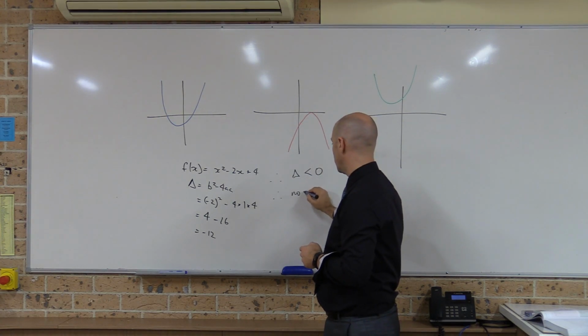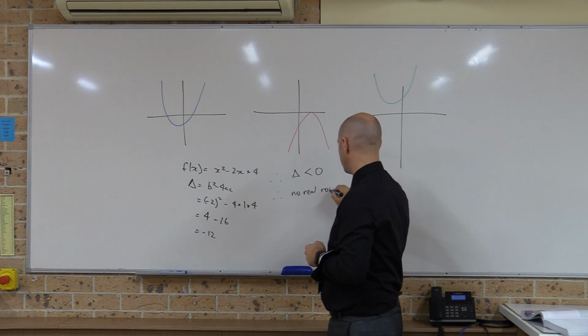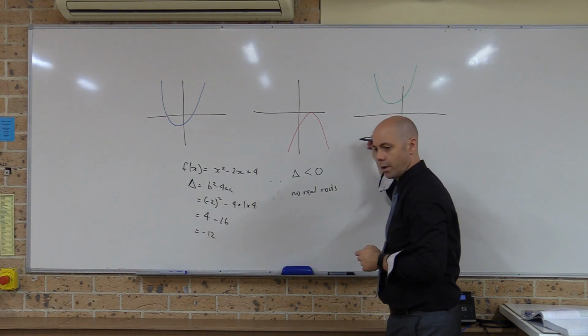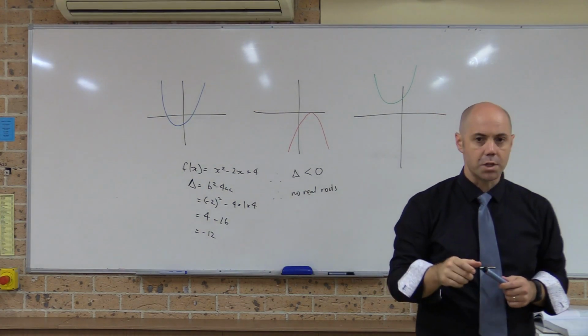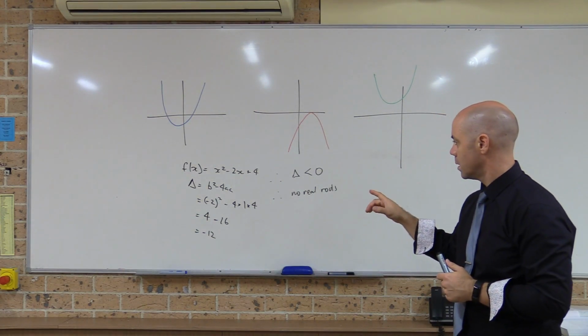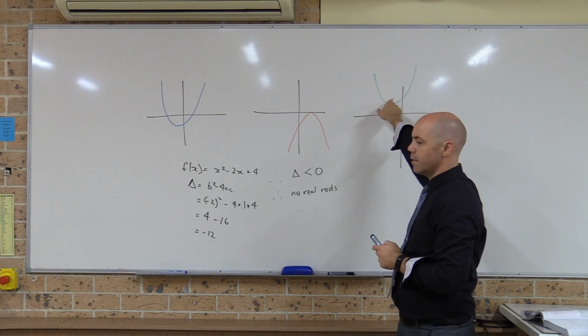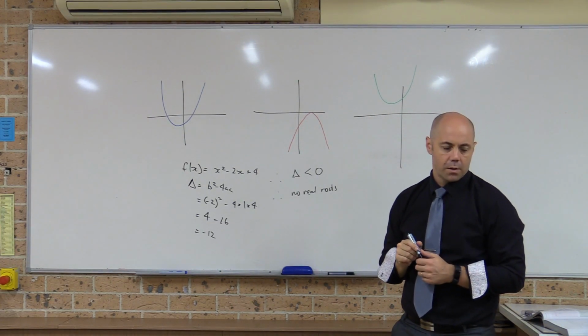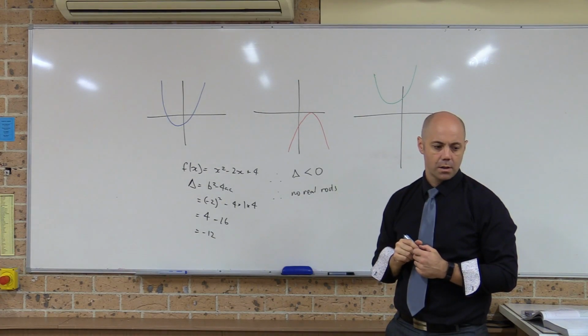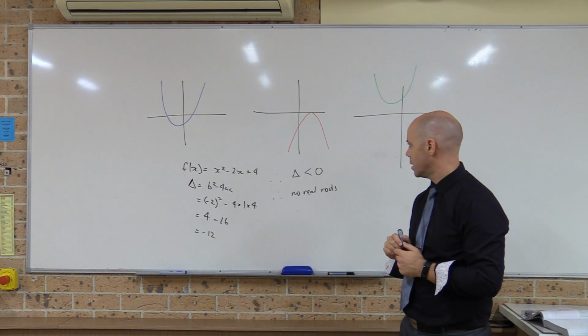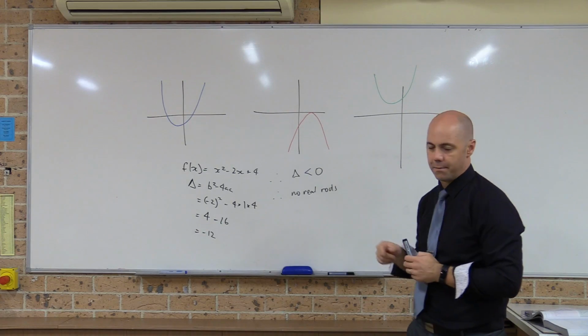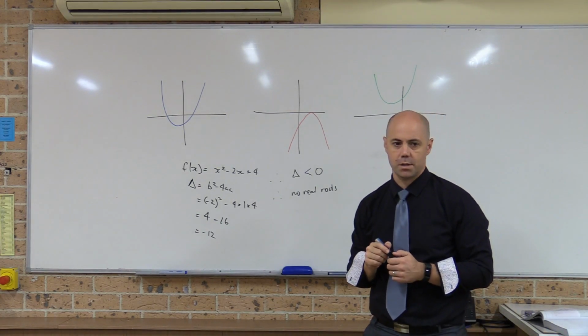Therefore, no real roots. It's like this one over here. So using the discriminant, we can work out straight away that this function has no real roots. The parabola drawn from that function never crosses the x-axis.